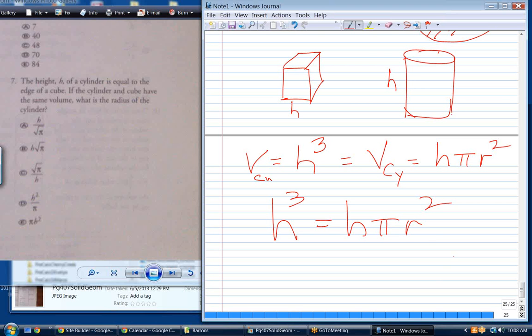Since they want the radius, if we look at our answers, they want an answer that is a function of h and pi. Well, if we solve this, that's what we're going to get. We can cancel this h out with one of those exponents. So r squared is equal to what?